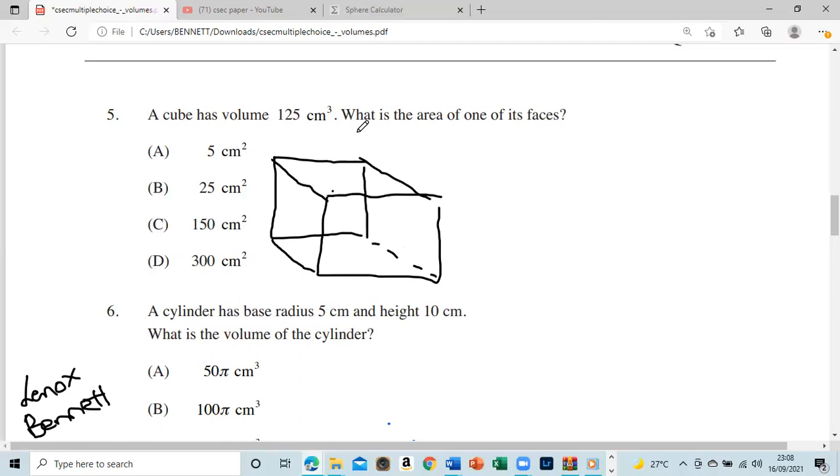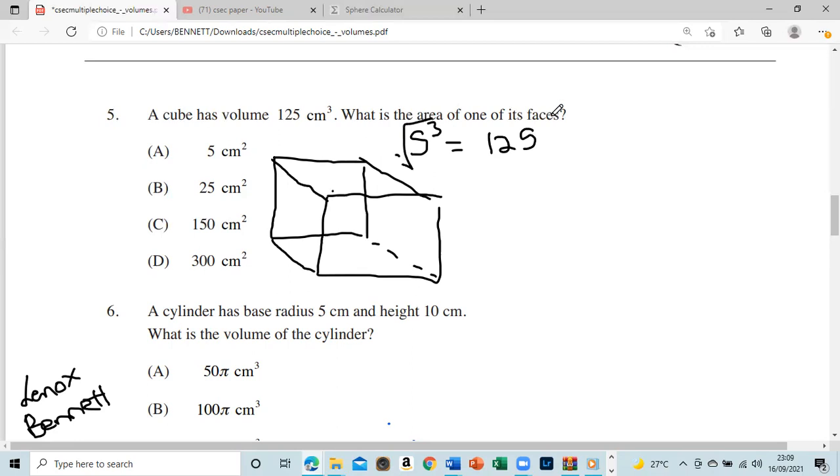So in order for you to get 125, it means a number multiplied by itself, because remember all sides are equal, so we call this side, we have to multiply it by itself 3 times to give you 125. Right? So we can just find the cube root.